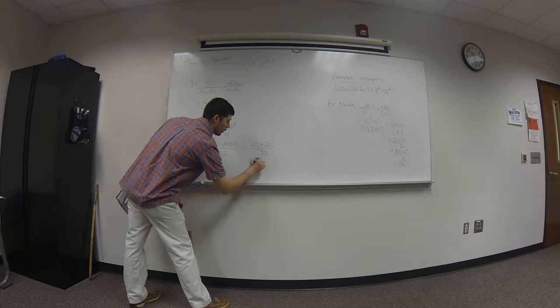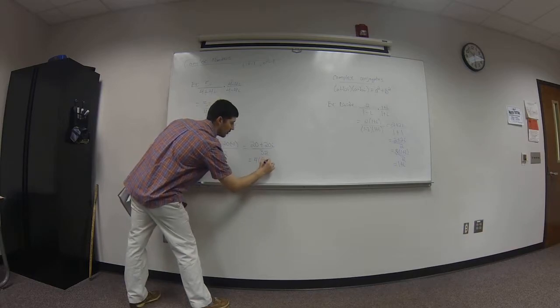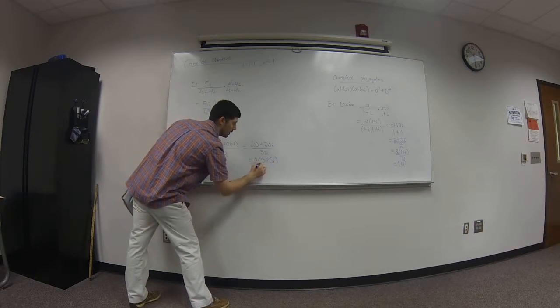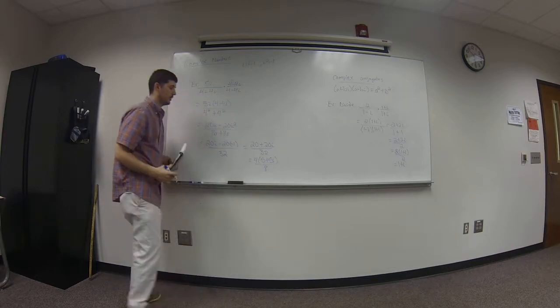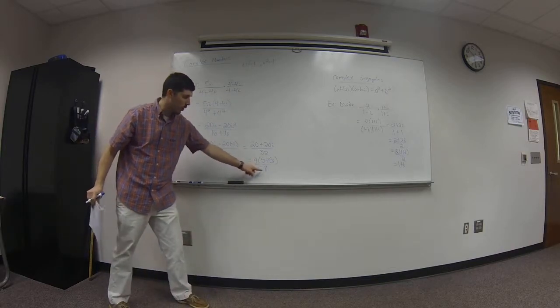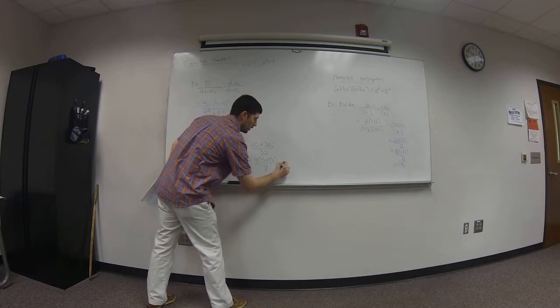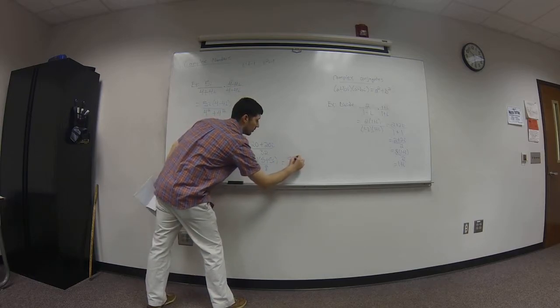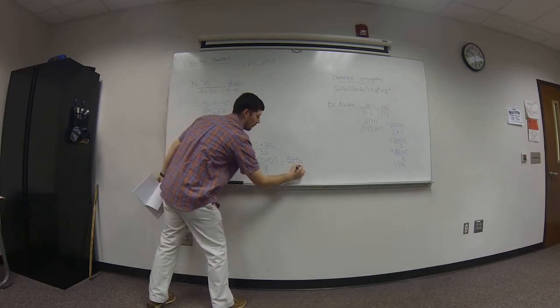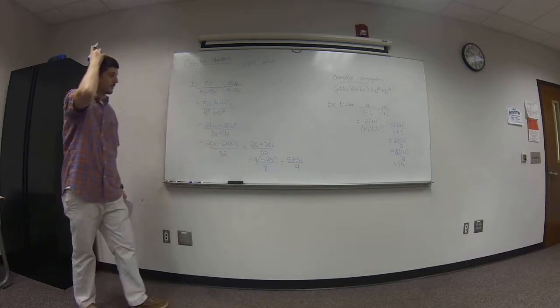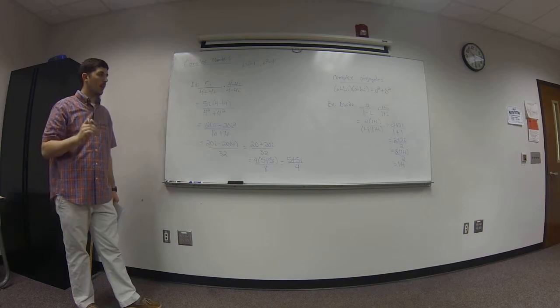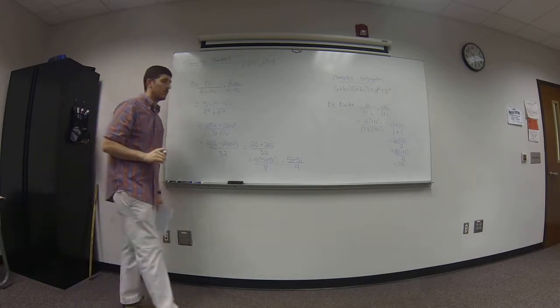So that's 4. That leaves me with 5 plus 5i over 8. Again, I can reduce my 4 over 8 by 4. So that leaves me with 5 plus 5i over 4. But remember, that's not standard form.